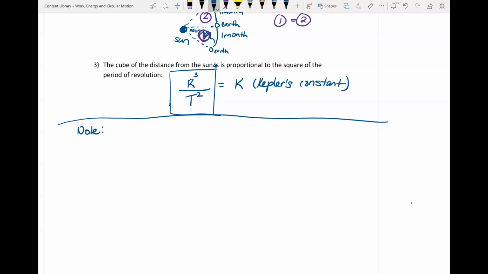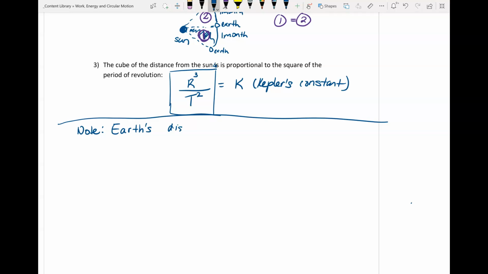The distance between the Earth and the sun is 1.49 times 10 to the power of 11 meters, which is a lot to write and to say, so we could just write that as 1 astronomical unit instead.